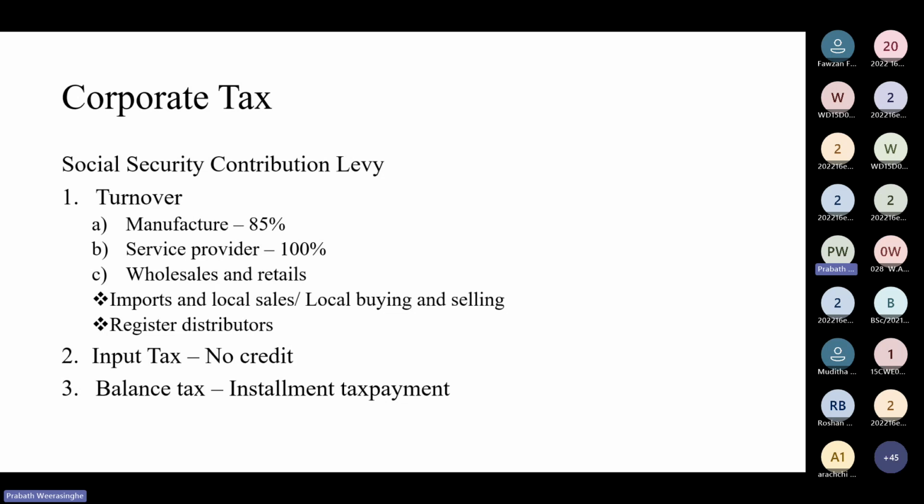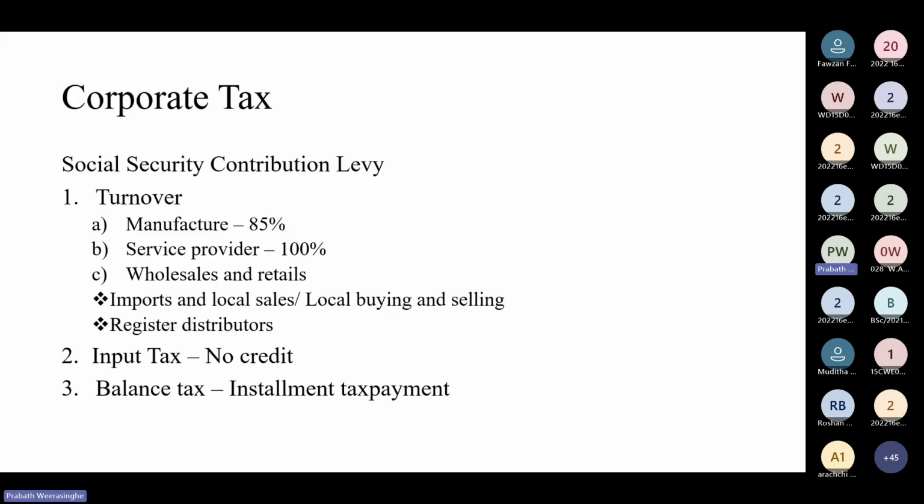In the case of the registered distributor, there is a definition for who is the registered distributor: a local manufacturer who appoints a person to distribute his goods in the domestic market or the wholesale market at a price determined by the manufacturer, he shall be treated as a registered distributor.